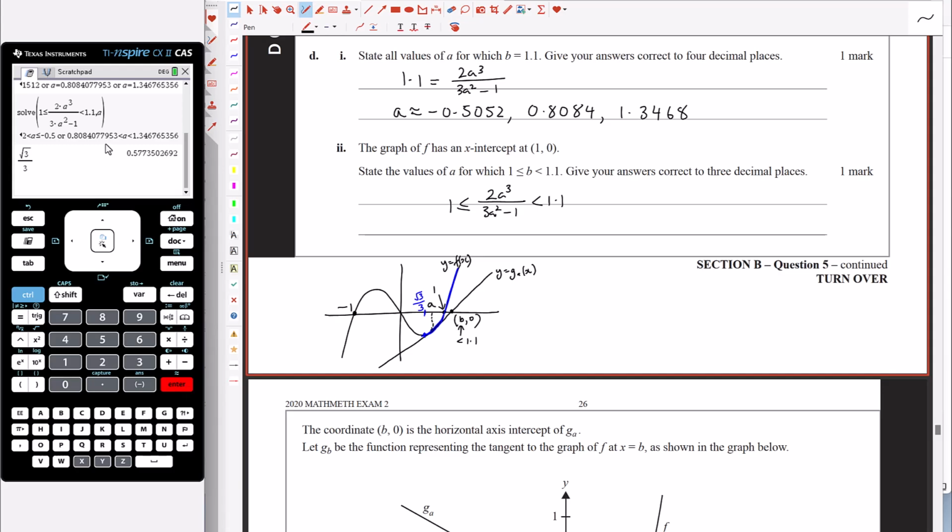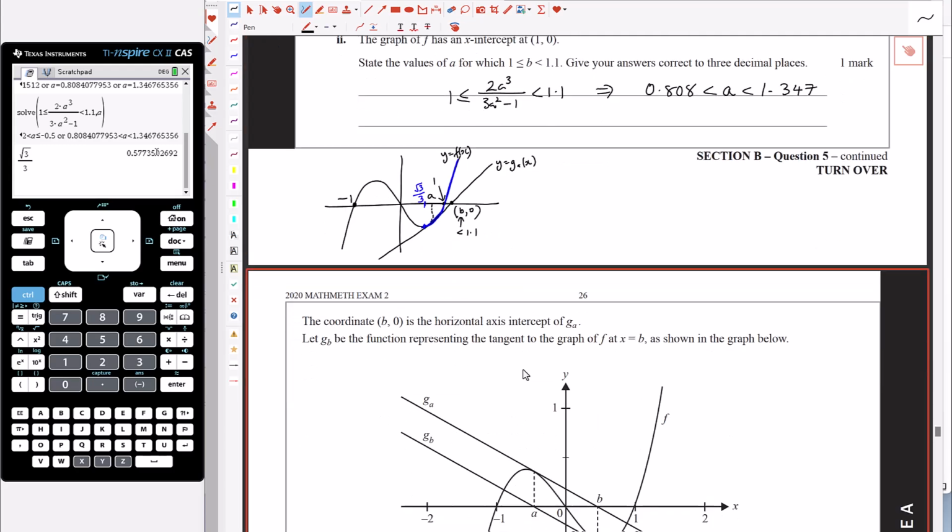And so therefore this second interval here, which is from 0.8 to 1.3, definitely makes sense given what we've seen in the diagram. So this would mean that A has to be, no, what, 3 decimal places, so 0.808 has to be less than A, which has to be less than 1.347.